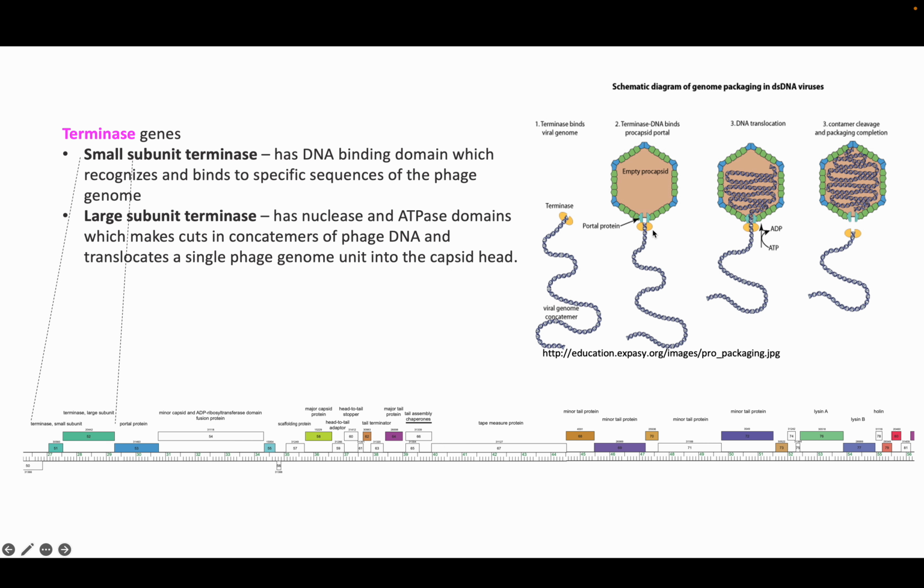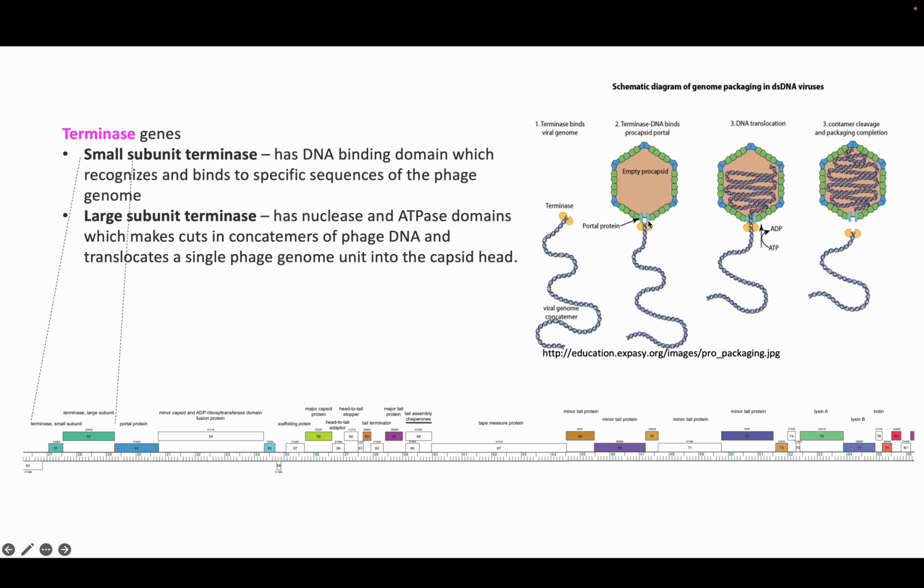So let's look at what this looks like. Here's a phage terminase. It has recognized a sequence in this long concatemer of DNA. As you learned last semester, when phage DNA replicates, the result is usually a really, really long piece of DNA that has many, many copies of phage genome units in it.